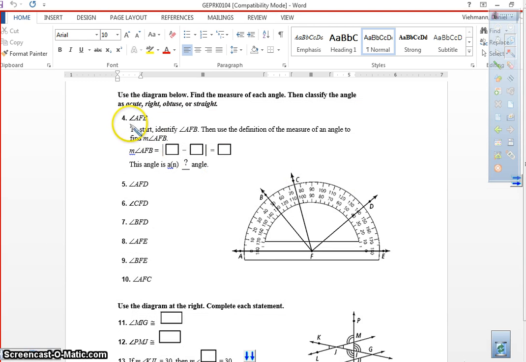Angle AFB, so angle A to F to B. We'll start at 0 here, work our way up to 50. So angle AFB is 50 degrees. That is an acute angle.